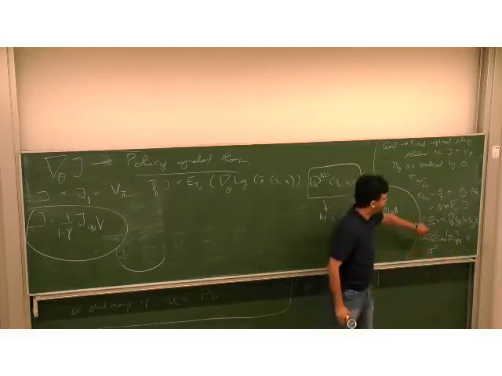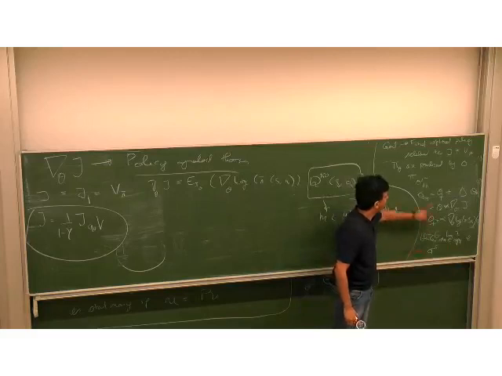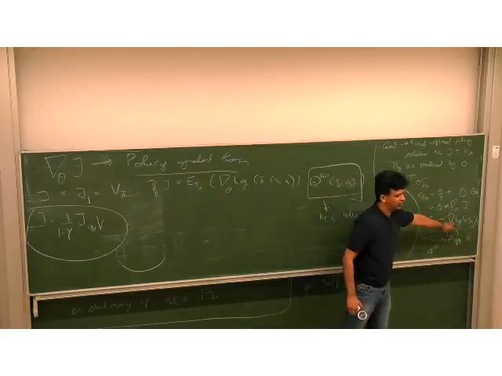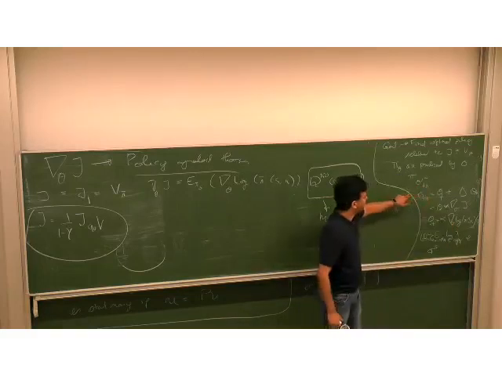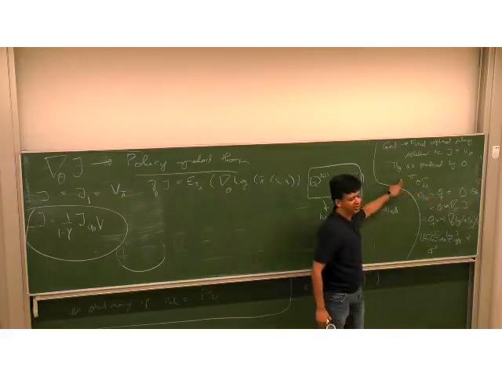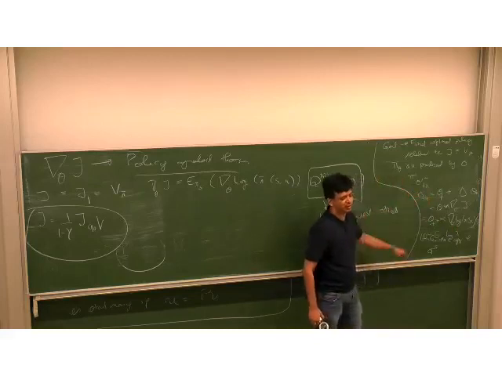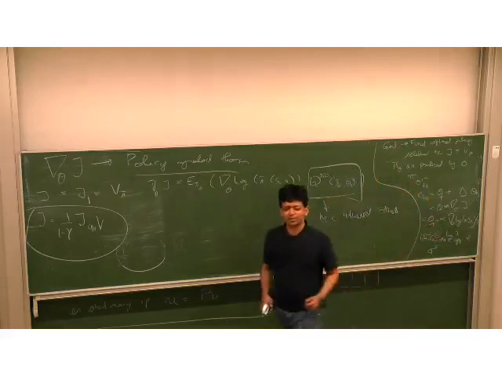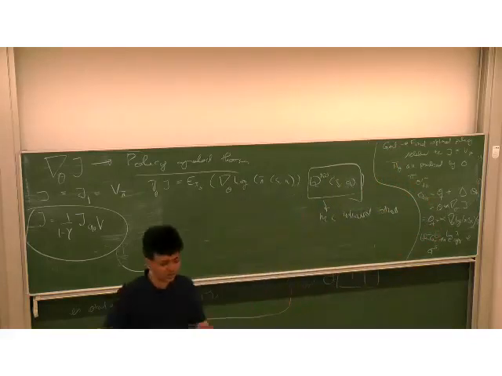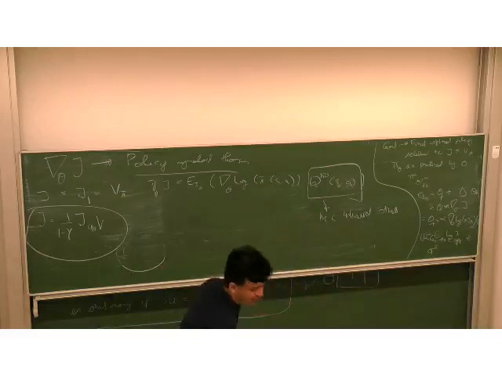So this is how you update your policy parameter using a Monte Carlo approximation. Once you have updated your policy parameter, you are hopefully closer to at least your local minimum. So this is the algorithm, just to be sure, which I forgot to write explicitly here.